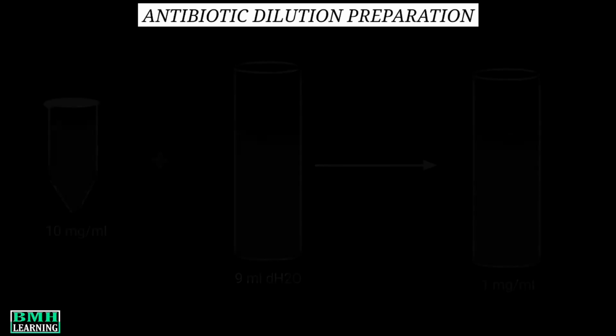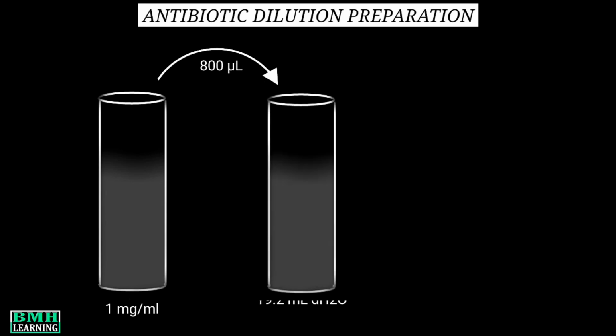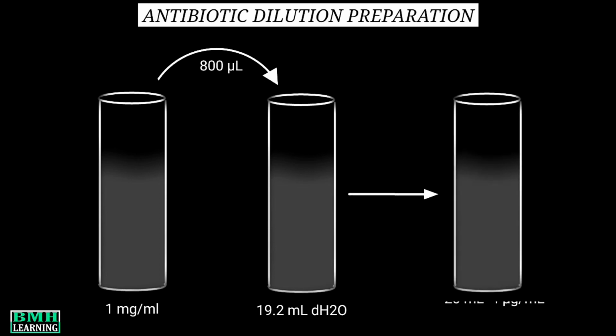Let's suppose, for example, from the 1 mg per ml concentration, we take 100 microliter and transfer it into 19.9 ml of distilled water. This would give us 20 ml and the concentration is 4 microgram per ml.